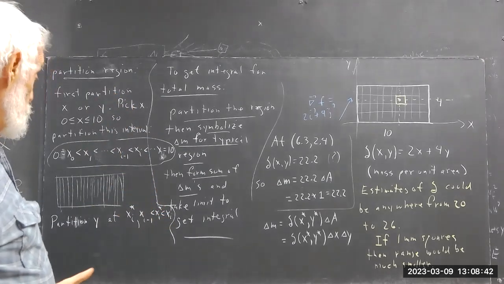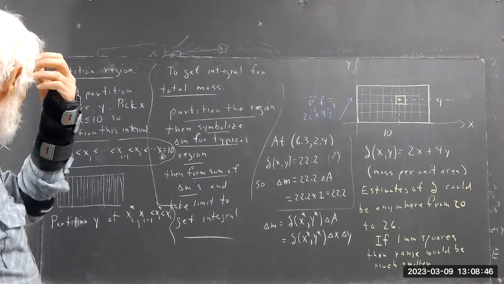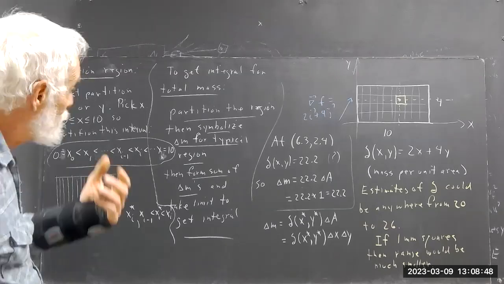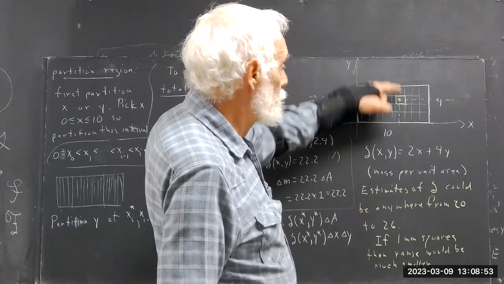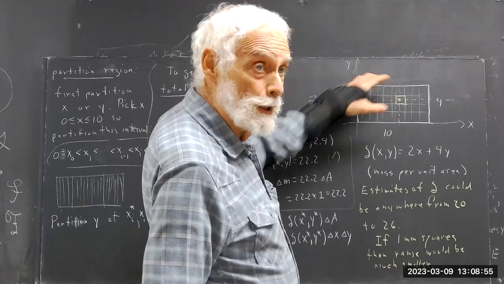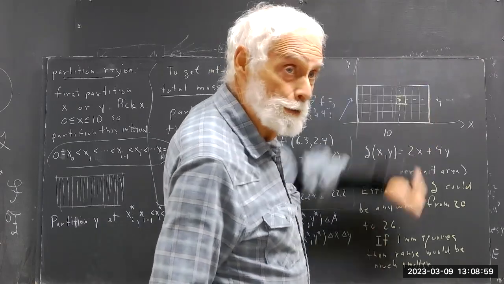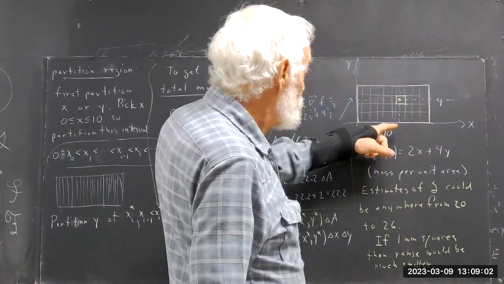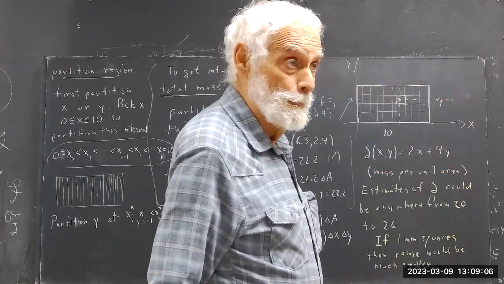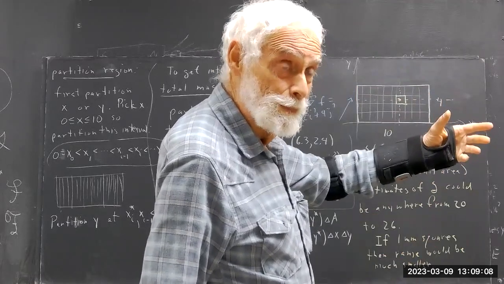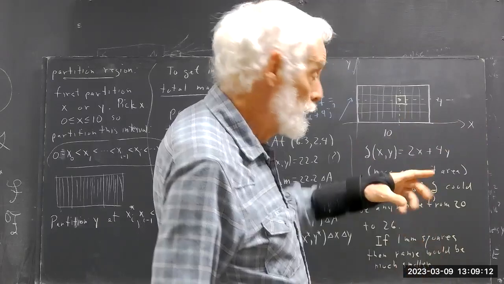Now, why do we do this? Well, in this case, it's going to be the same. The Y interval is going to go from 0 to 4, no matter which X interval I choose. If this is the arc of the circle here, then the Y partition would be different. It would have different limits for different X's. So you want to kind of keep that in mind, but right now we'll keep it simple.